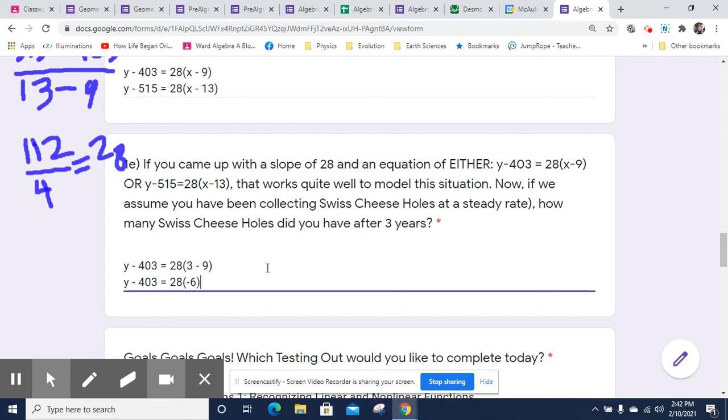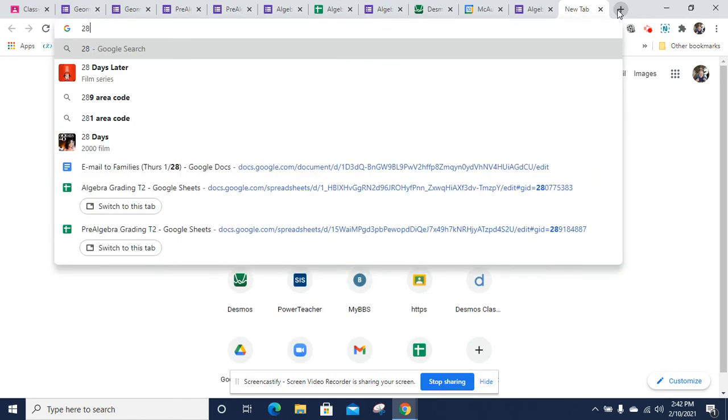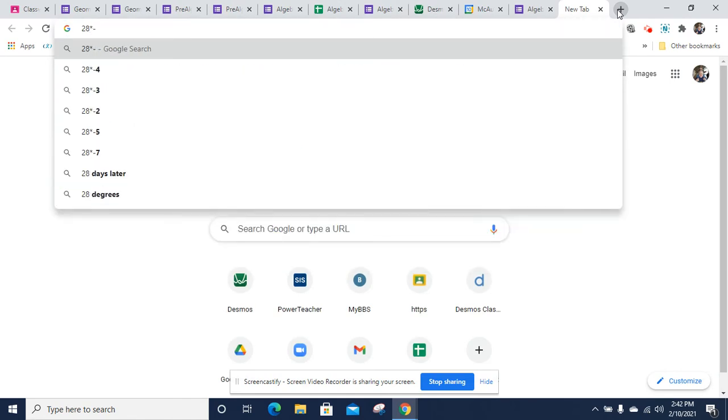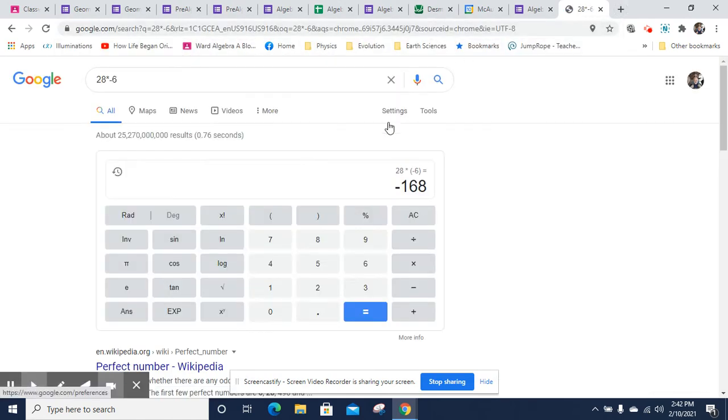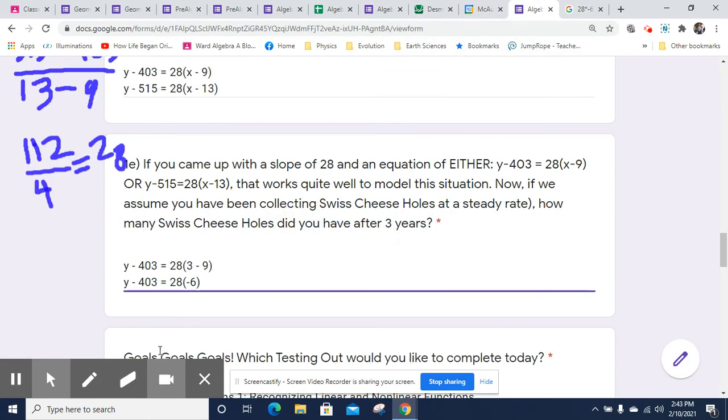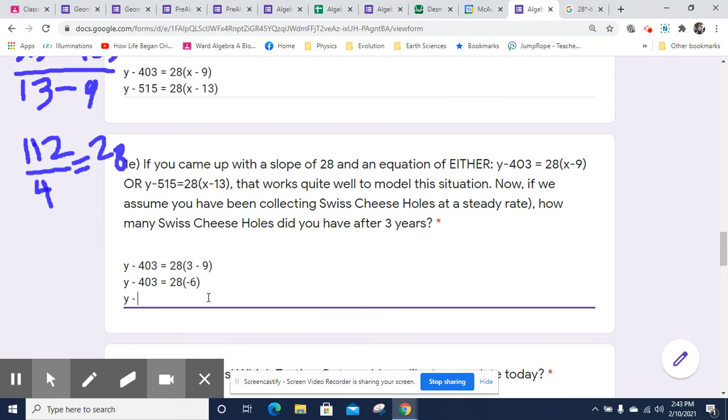So we have to work out what 28 times negative 6 is. 28 times negative 6, and I end up with negative 168. Okay, so I end up with y minus 403 equals negative 168.